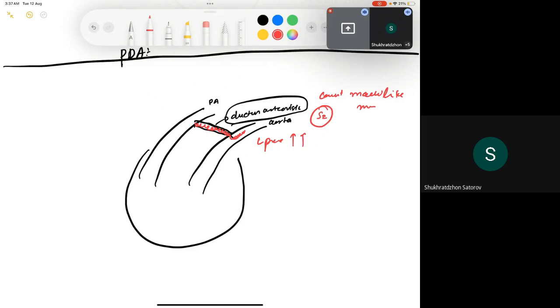That would be continuous, auscultated in both systole and diastole, this machine-like murmur.